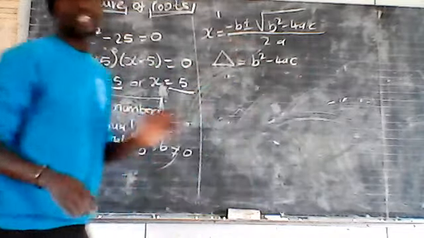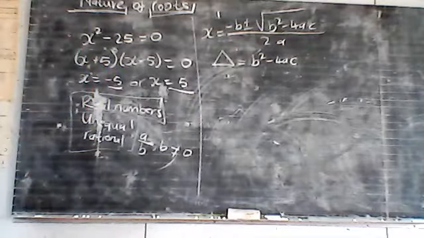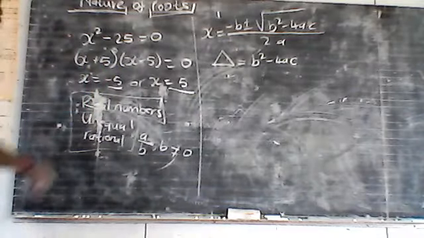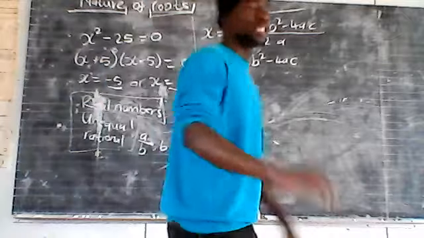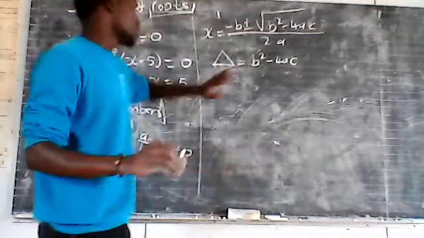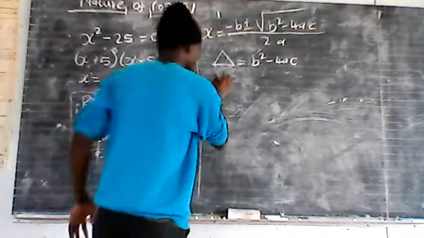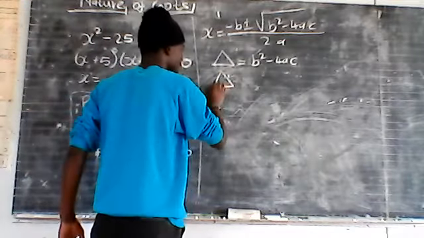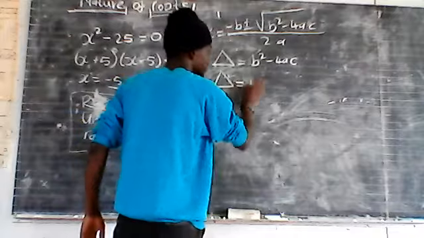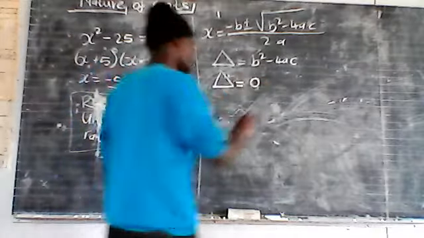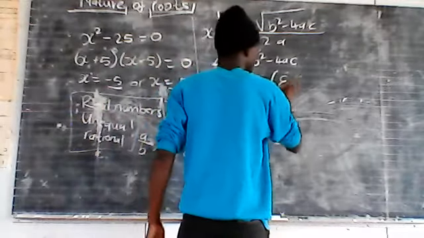If you can calculate delta, guys, you can predict whether your roots are real, non-real, or equal. So these are the following you will need to know about the discriminant. First, if your discriminant equals 0, what will you be having there? You'll be having equal roots.